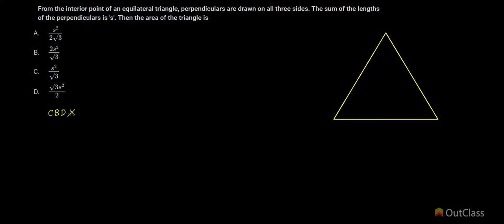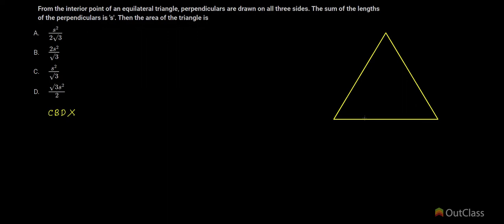Now, what you would do in a rigorous solution if this question came about in school is you will have to demonstrate that irrespective of where you take the internal point, you will get the same answer, and you'll have to derive that answer. We don't have to do that here in a competitive exam. The absence of this option tells me that irrespective of which point you take, the expression is going to be the same.